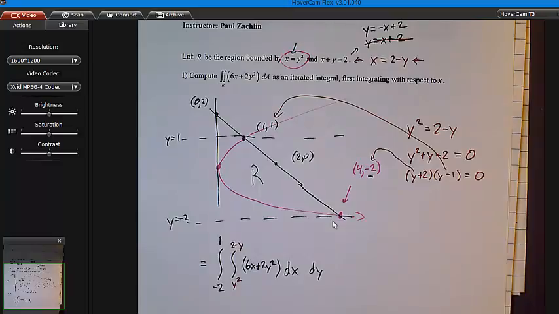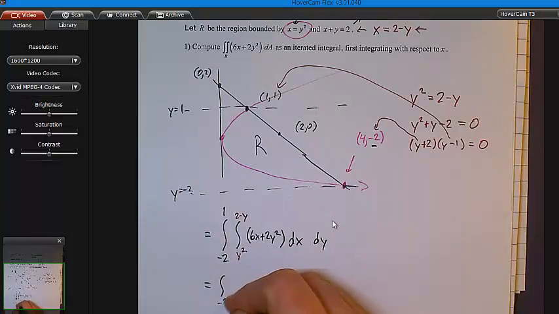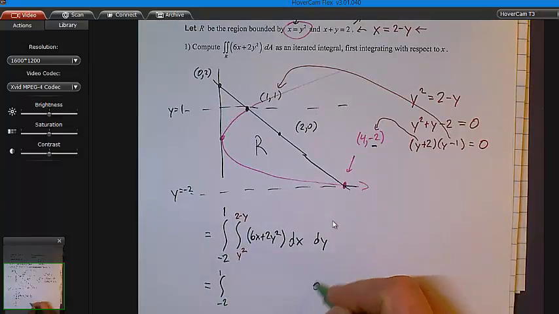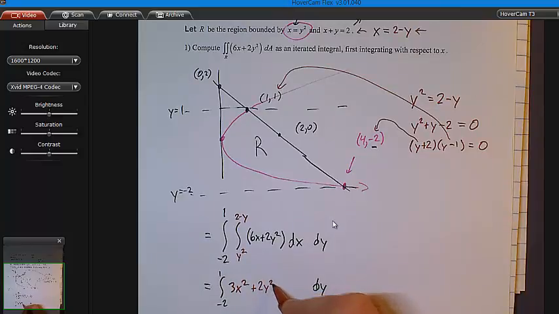So I guess I'll do one step and then I'll just say, hey, the rest you can handle. So we ignore the dy stuff. We're just working on the dx. When I integrate this dx, I get 3x squared. That's what the 6x becomes. And this we treat as a constant, so we're going to say plus 2y squared times x, right?